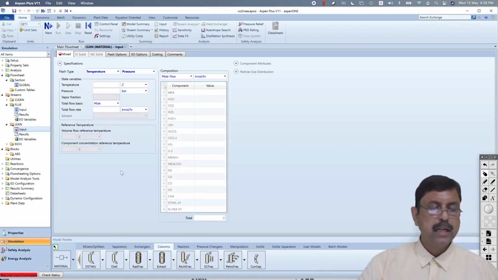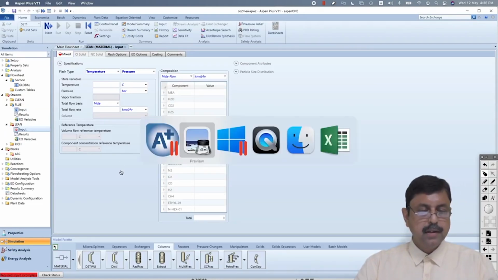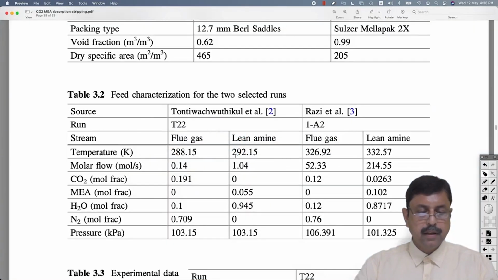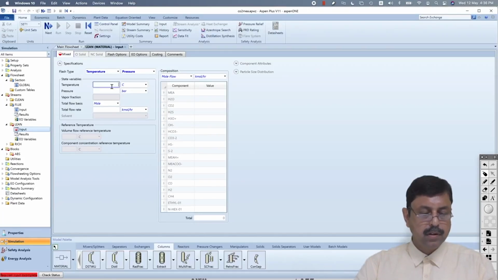Then it will ask for lean amine. Yes. Lean amine, it is 292.15 Kelvin.